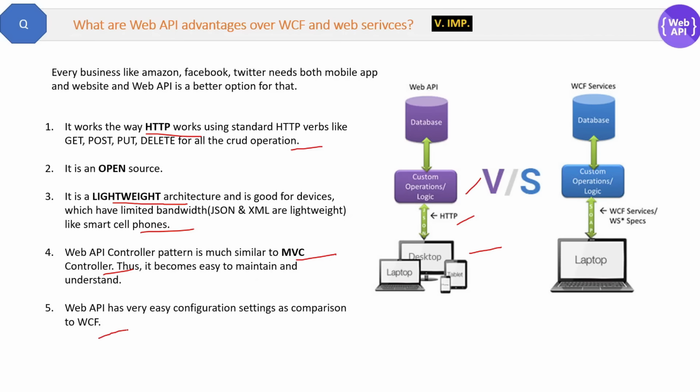In short, Web API will handle each and every kind of HTTP request, and HTTP is the most common format nowadays, and its settings are very easy. With WCF also you can handle HTTP, but then there are a lot more configuration settings which you have to manage in your application, which is difficult to handle.